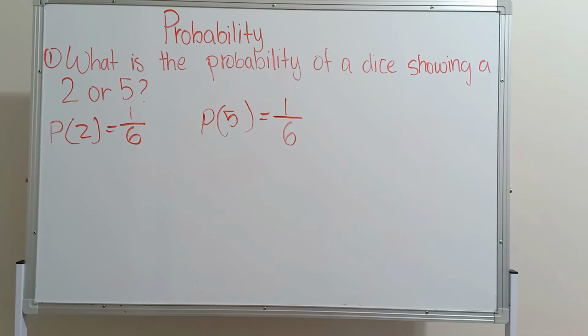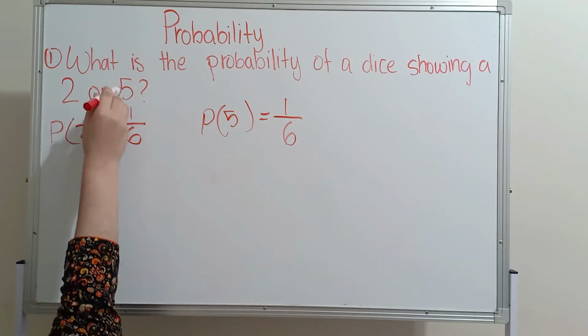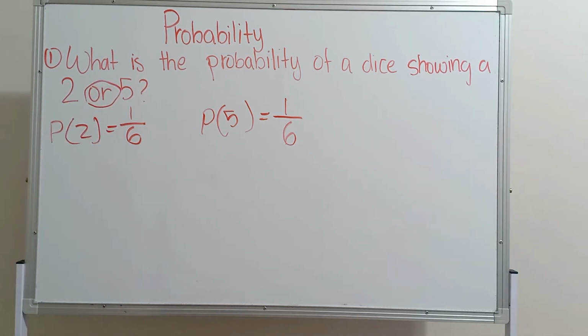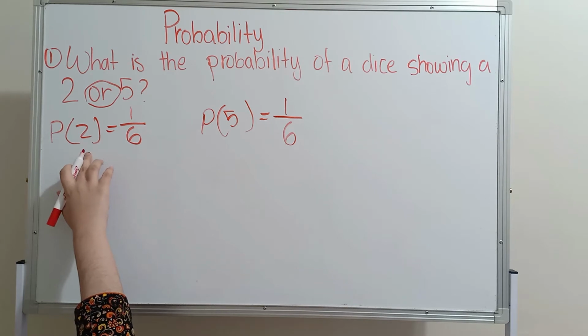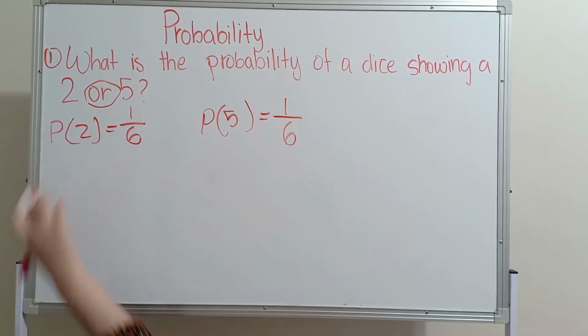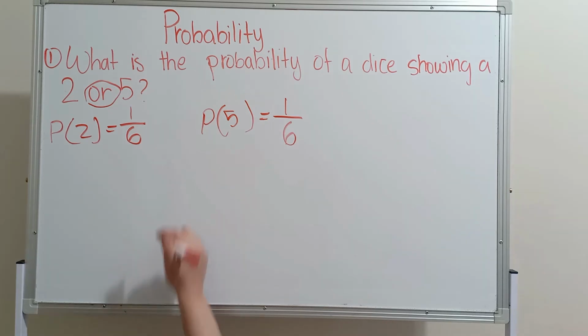So now what we can do here is we have to look at the word here. The probability of a dice showing a 2 or 5. So if this is written as or, what we can do here is to find the probability of both. We found that, and now we have to add both of those probabilities.